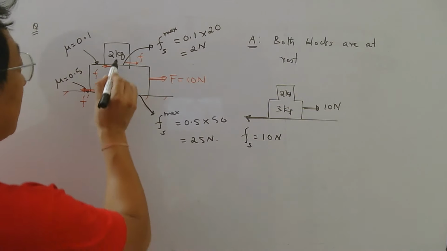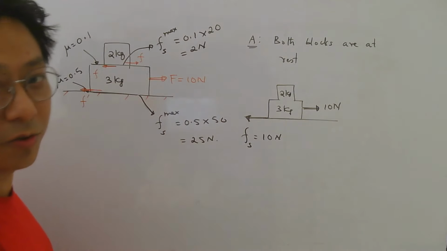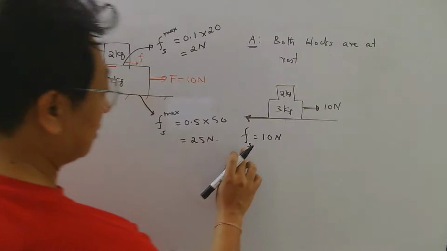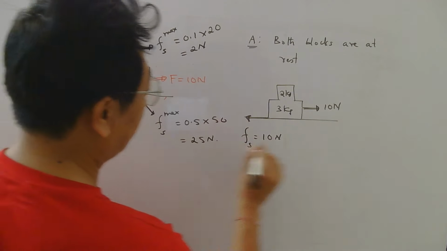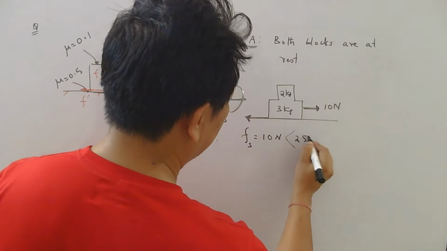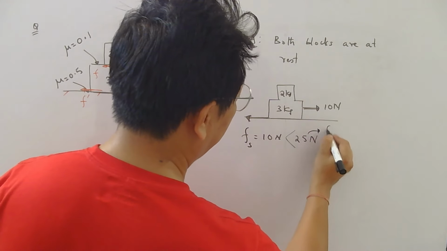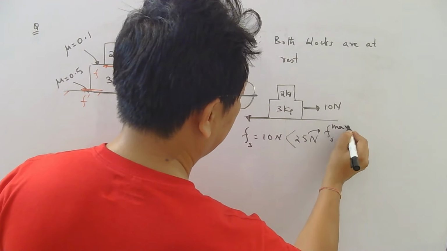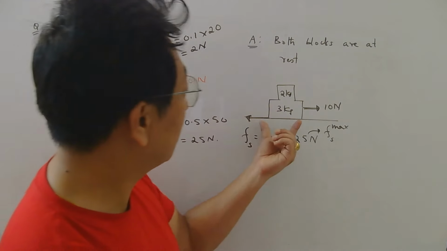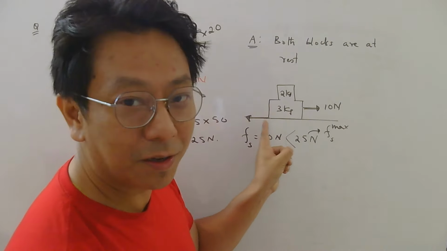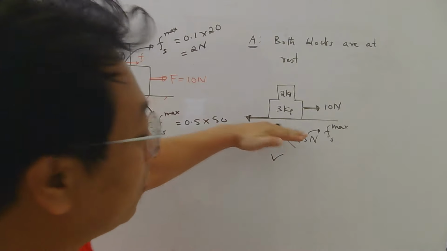Right? This friction I will not show here, but they are internal forces. Can this be provided by friction here? Yes, because max value is 25. So 10 Newton is less than maximum static friction. So this is possible. So this surface can be at rest on the floor.